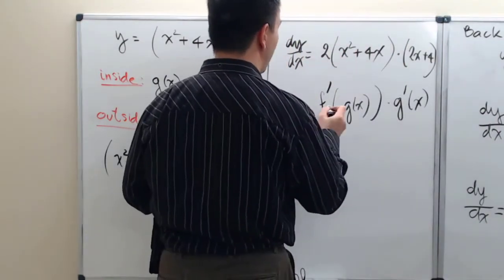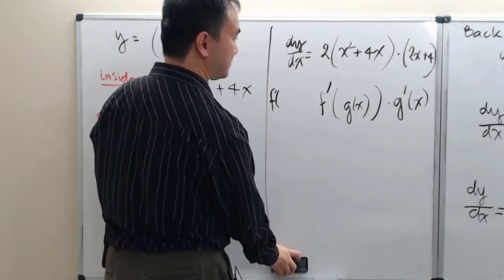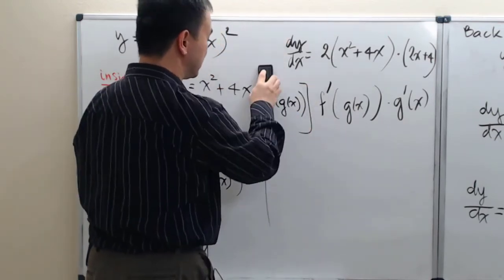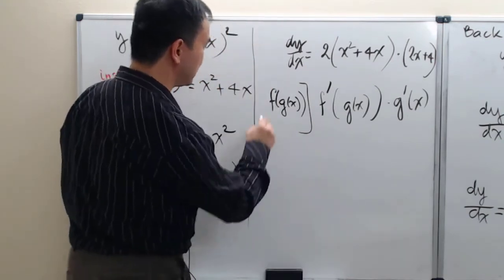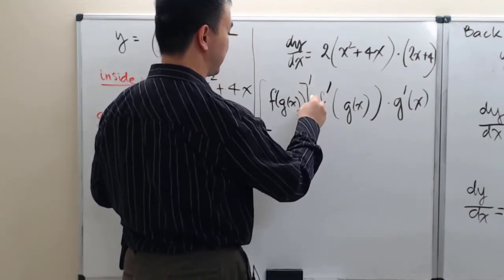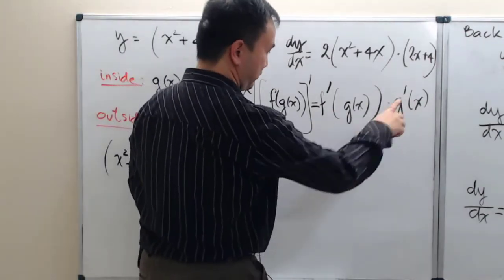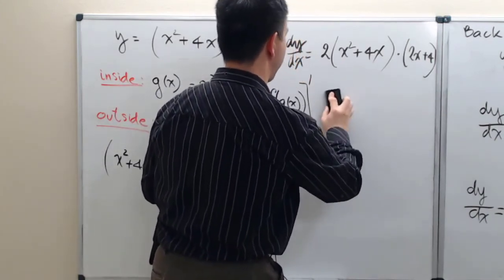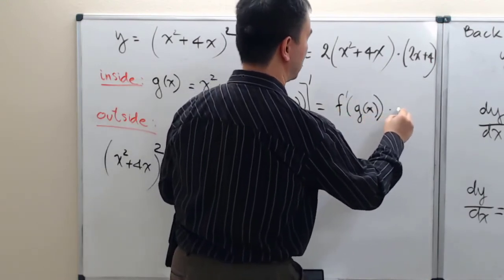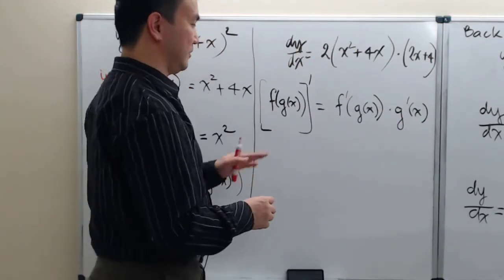So this is another way of saying that when our function is in the form of f, but take g inside, and we want to take the derivative of the entire function, then the chain rule says we find f prime of g multiplied with g prime of x. Two derivatives are being multiplied together.